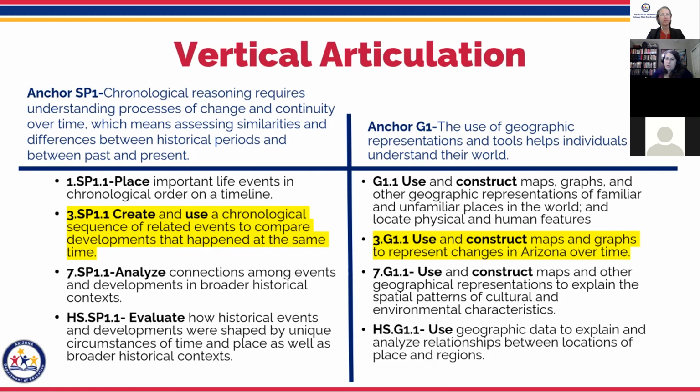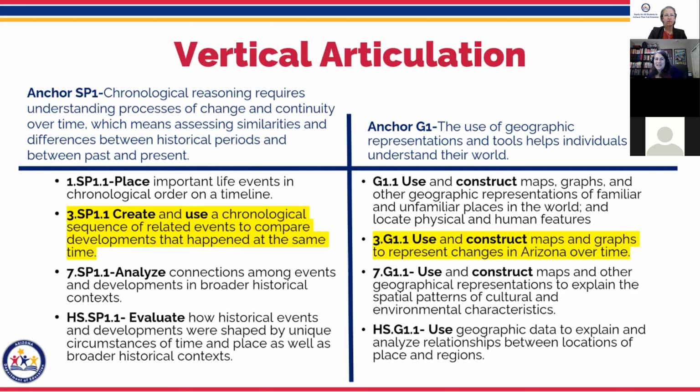Anchor standard G1 is geographic representation and tools, which help students understand their world. So in 1st grade, they're going to use and construct maps and other geographical representations of familiar and unfamiliar places, locating physical and human features. In 3rd grade, they're going to use and construct maps and graphs to represent changes in Arizona over time.